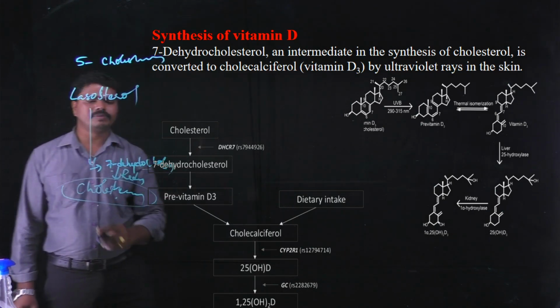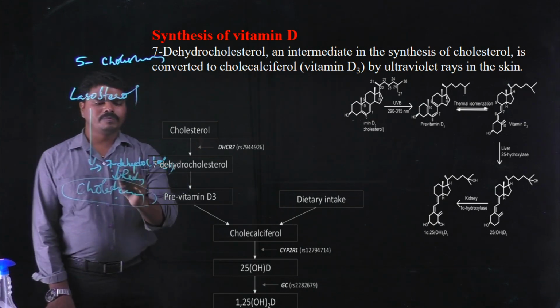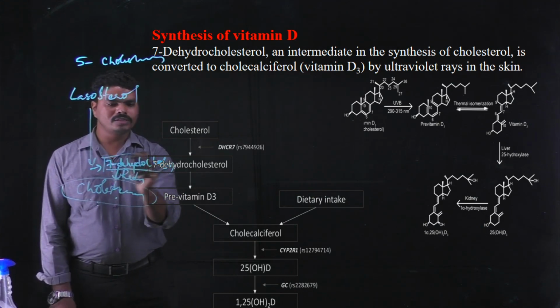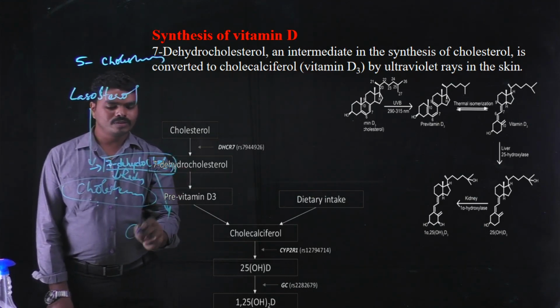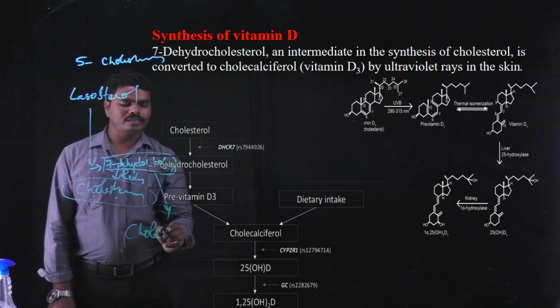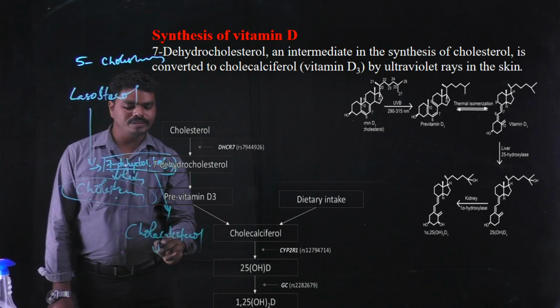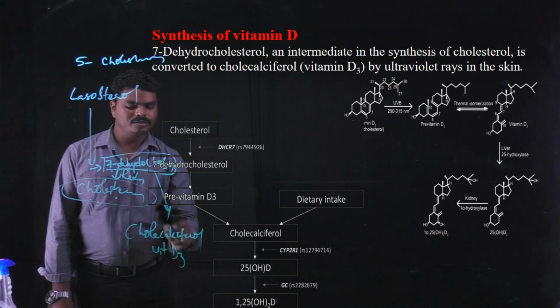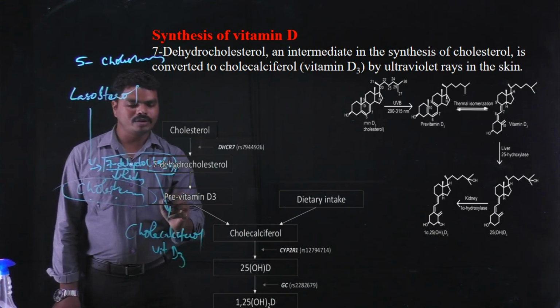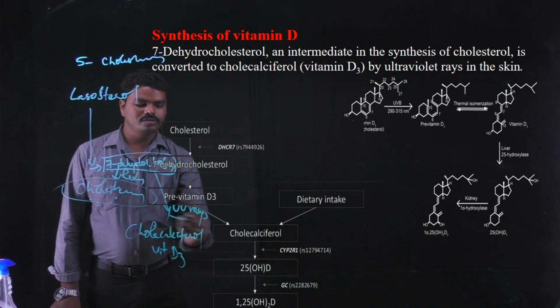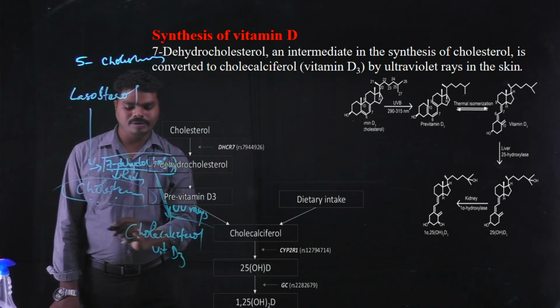But before that, the 7-dehydrocholesterol is converted to cholecalciferol, vitamin D3. This reaction is catalyzed by ultraviolet rays, UV rays, and it happens in the skin.